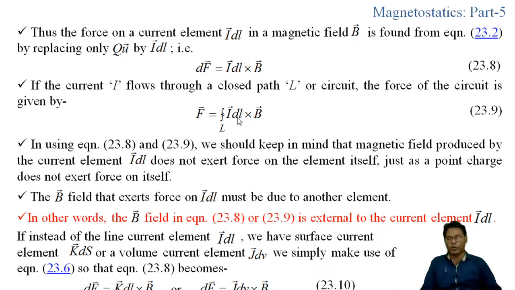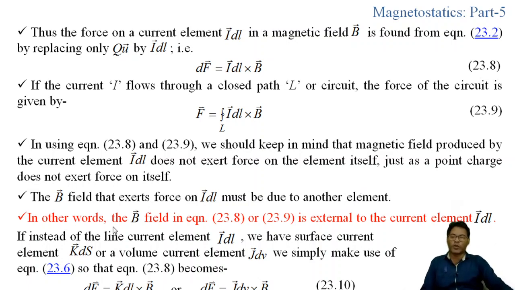Just as in the case of electrostatics, a point charge does not exert force on that particular point charge, in the same way the current element does not exert force on itself, but the force is exerted on this current element due to the external magnetic field B. So the B field that exerts force on Idl must be due to another element, that means the external magnetic field.